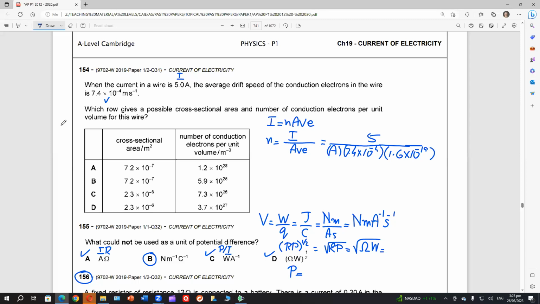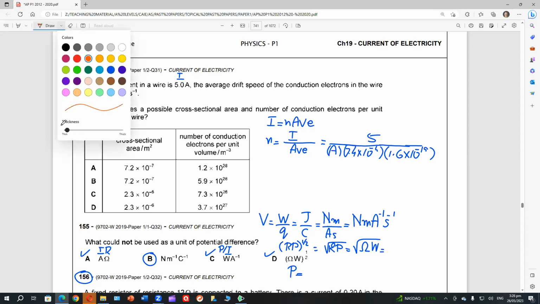Now, this is the formula. Now, I think we should go for trial and error because we should try every option. We should put the area in every option and let's see which gives us the corresponding number of conduction electrons.